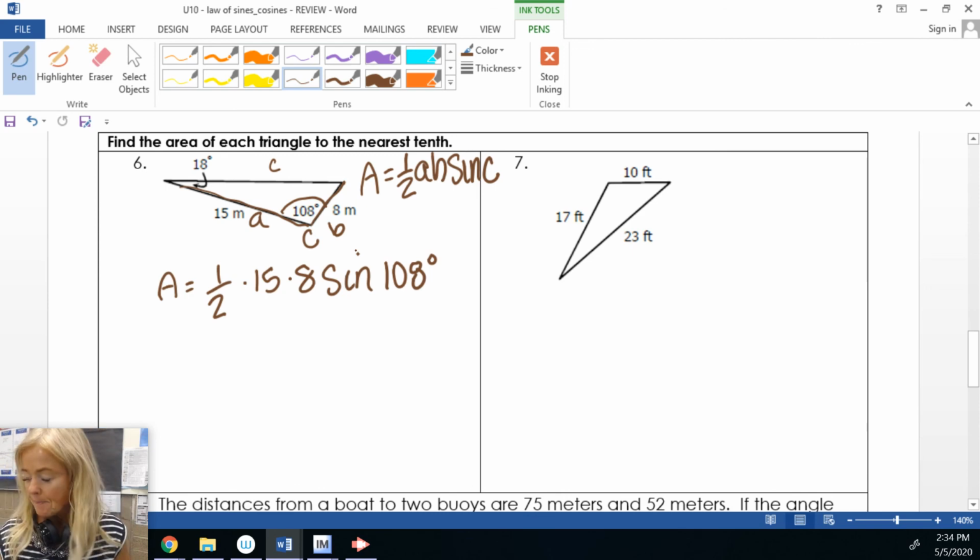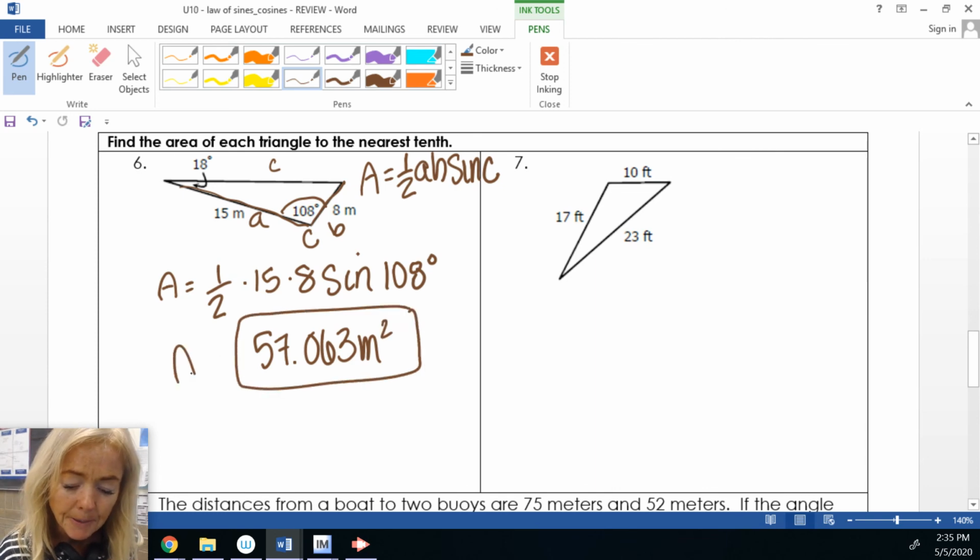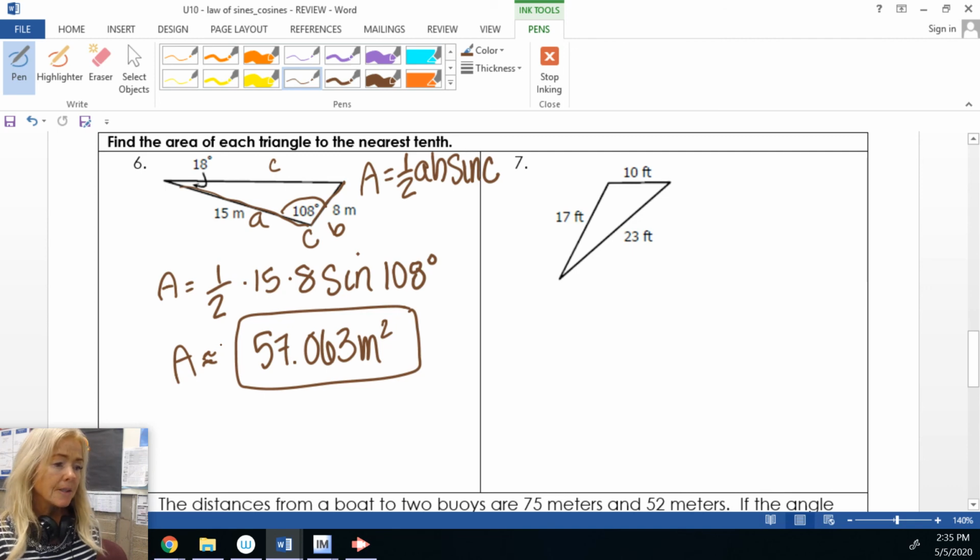Plug that in the calculator: 0.5 for 1/2, times 15 times 8, and then sine 108. That is 57.063 meters squared, because it's the area of a triangle. Well, it's the approximate area.